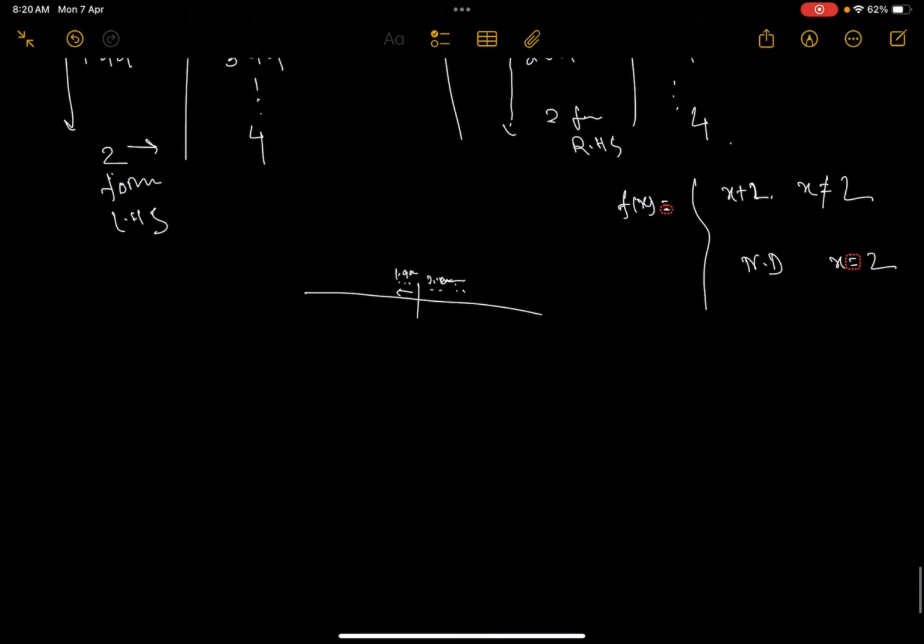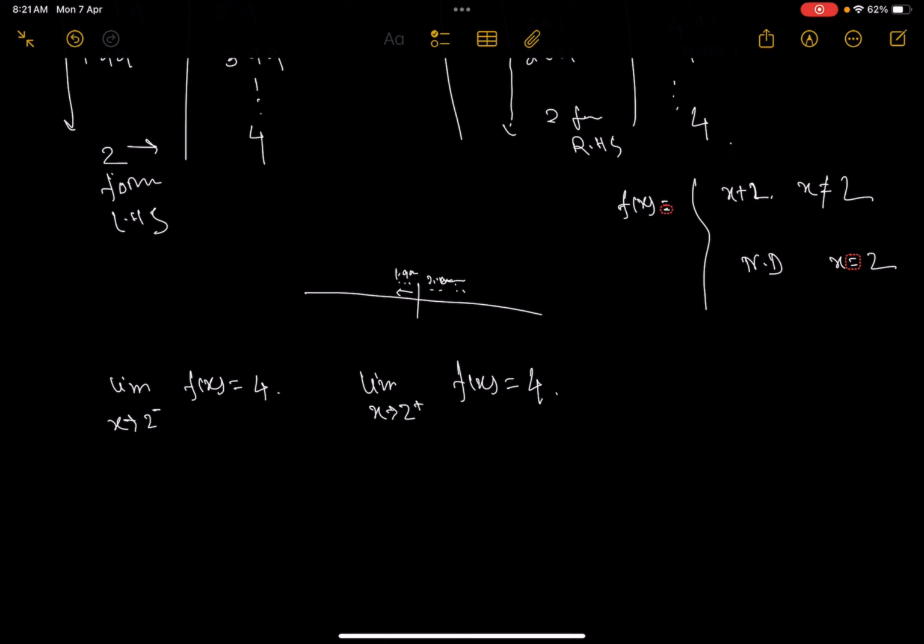So by putting in values, we see that the left hand limit, as x extends to 2 minus, is not exactly 2, but the difference between 2 and 2 minus is very small. The limit of f of x is 4, and also as x extends to 2 plus, the limit of f of x is 4.